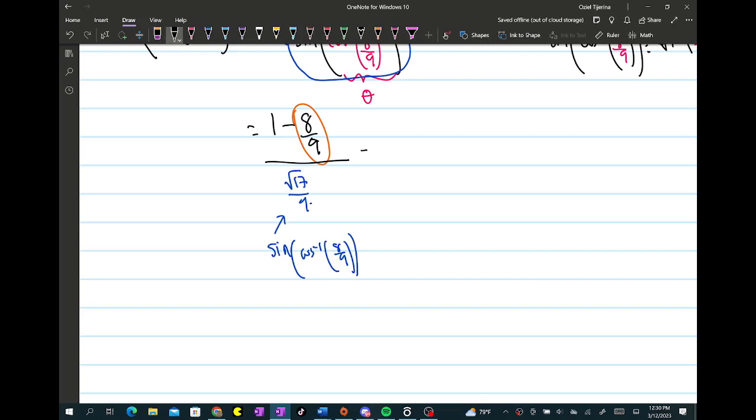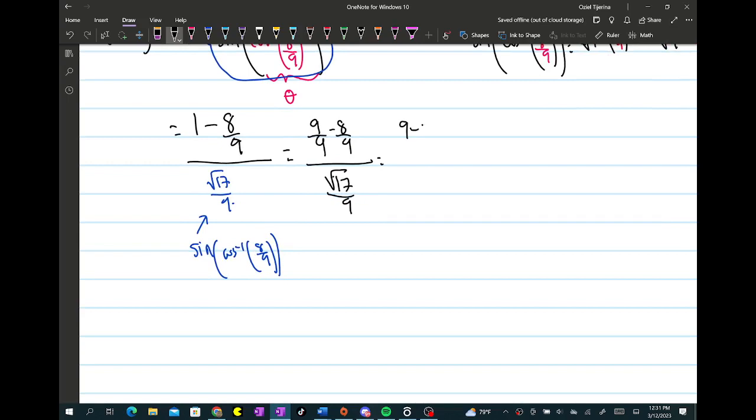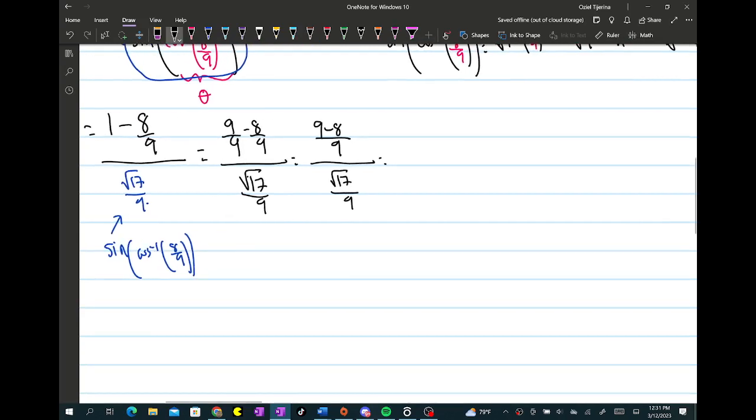Then you're just going to use basic, simple arithmetic to simplify this complex fraction here. So we're going to have 9 over 9 minus 8 over 9, over the square root of 17 over 9. This becomes 9 minus 8 all over 9, over the square root of 17 over 9, which equals 1 over 9 over the square root of 17 over 9.